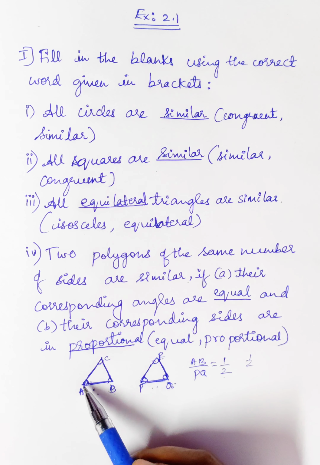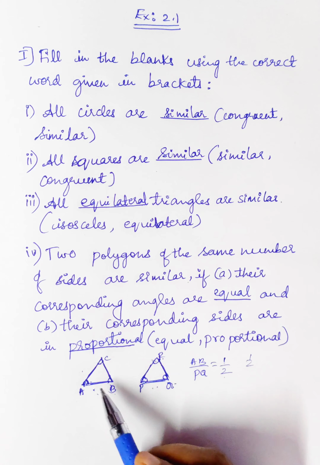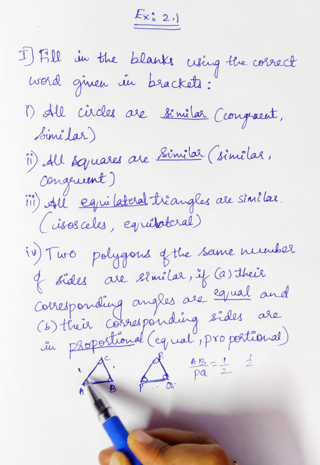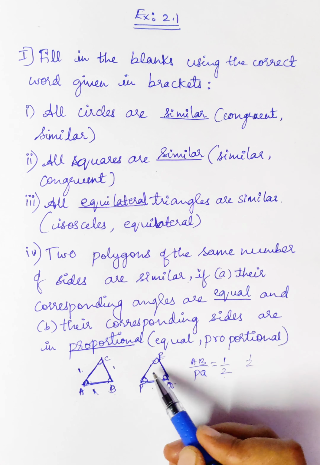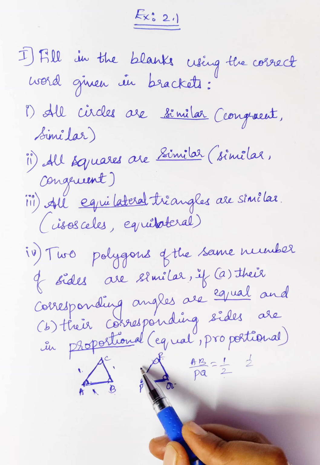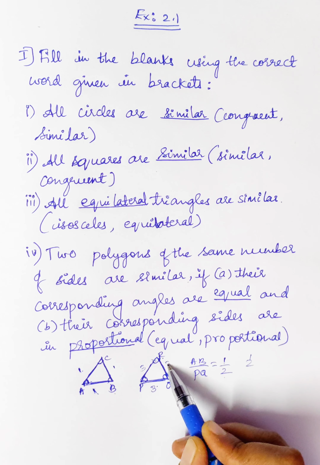Another thing about proportion: the measurements of the sides will be given. Suppose this is 1, this is 1, this is 1, all three sides having the same measurement, and in the other figure, suppose this is 3, this is 3 and this is 3.